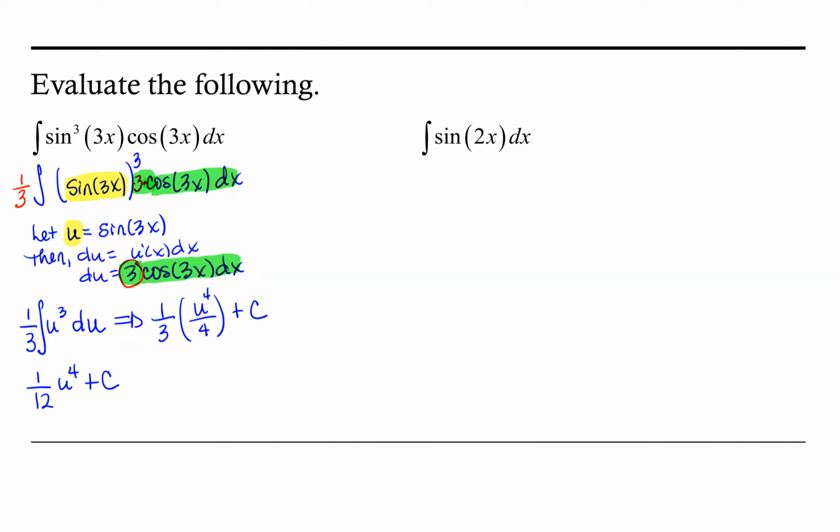And now I just need to substitute back in for u, and there's only one substitution I have to make rather than the 2 I did before. And we end up with 1/12 times u to the 4th, so that's sine to the 4th of 3x plus c. So there's our antiderivative.